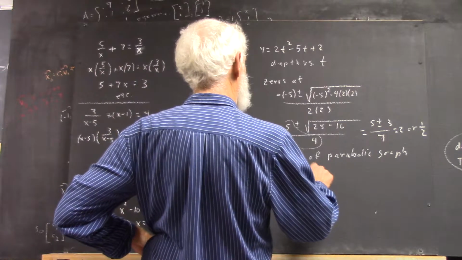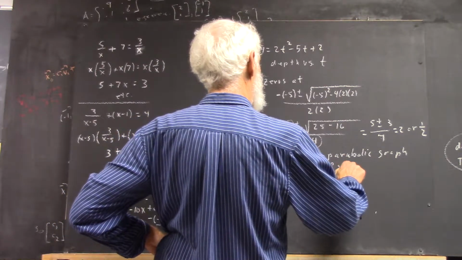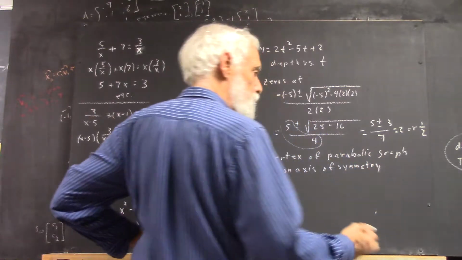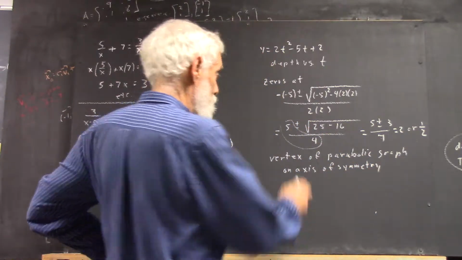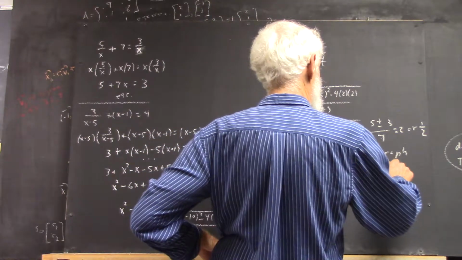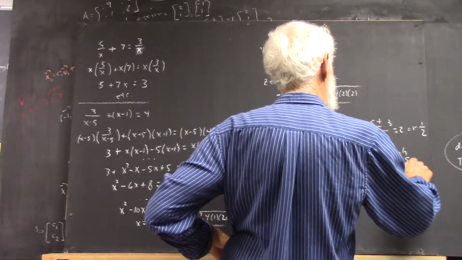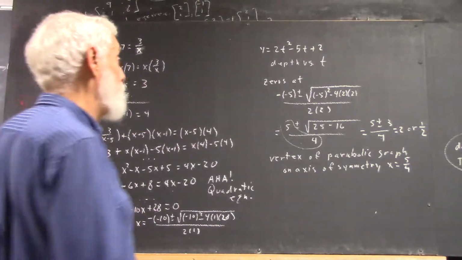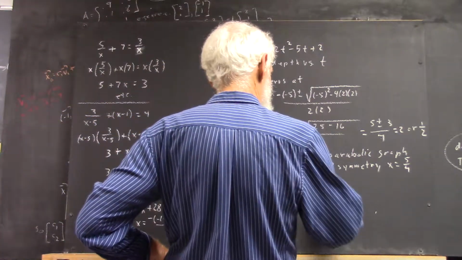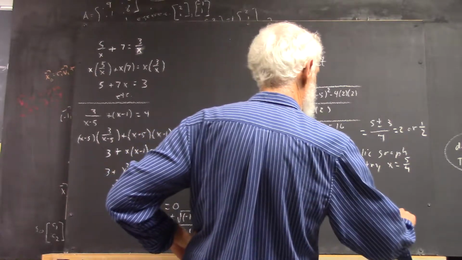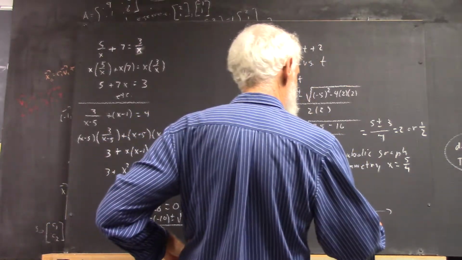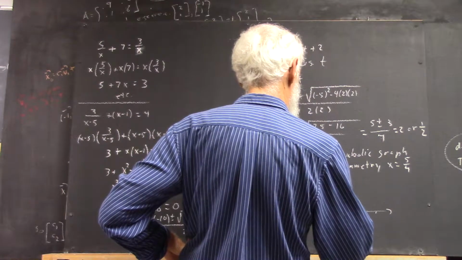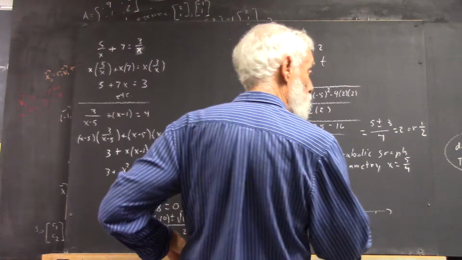Is on the axis of symmetry. And I said vertex, I really should have said axis of symmetry, is at x equals 5/4. Okay? What's this tell you? It tells you that your graph, such as it is, has zeros at 2 and 1/2, if we assume this is 1, right?